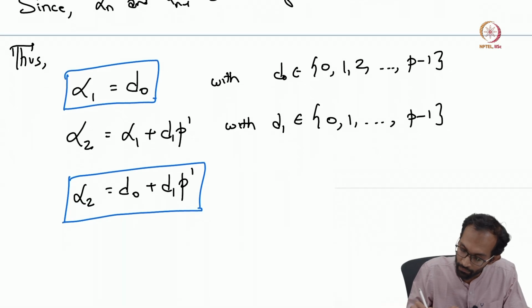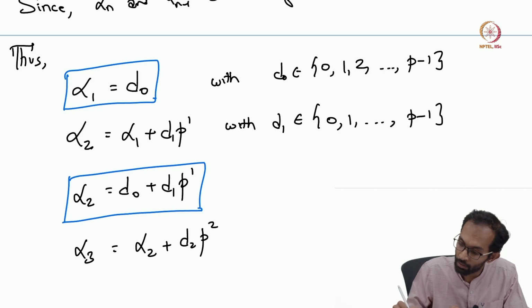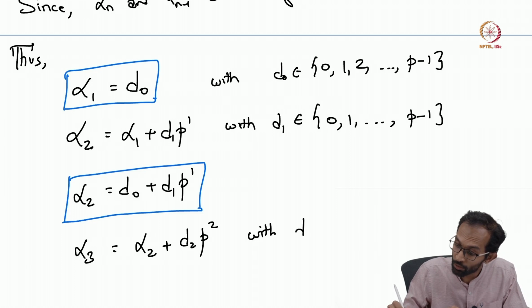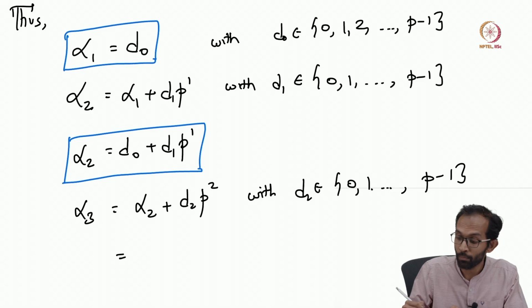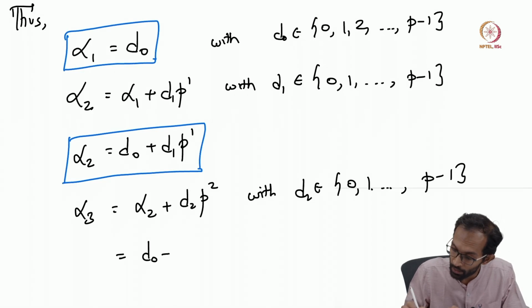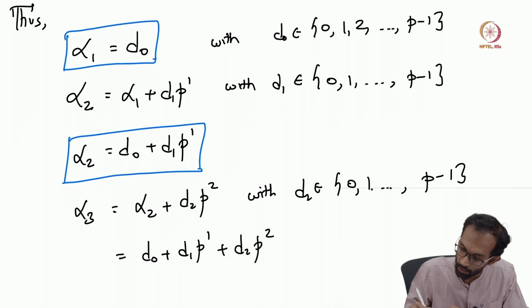Now play the same game with alpha 3. Again, by definition, alpha 3 is alpha 2 plus d2 p squared. Again, this digit d2 lies between 0 and p minus 1. And now if you unwind this formula for alpha 2, you get d0 plus d1 p raised to 1 plus d2 p squared.